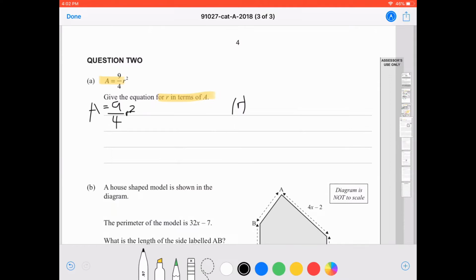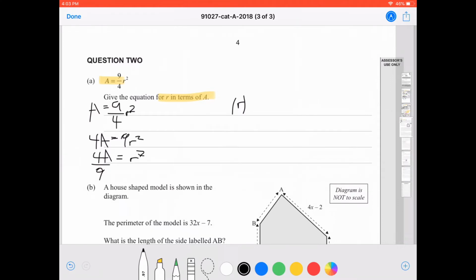So the first thing we can do is multiply by 4 on both sides. You've got 4A, and it cancels out on the right hand side, so just 9r squared. And now let's divide by 9, so we've got 4A over 9 equals r squared.